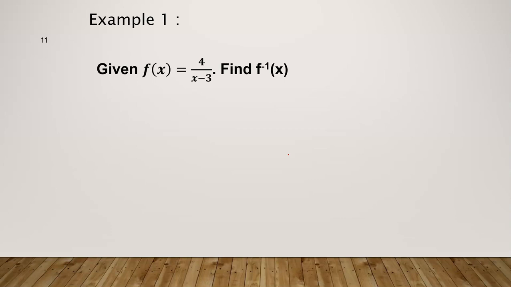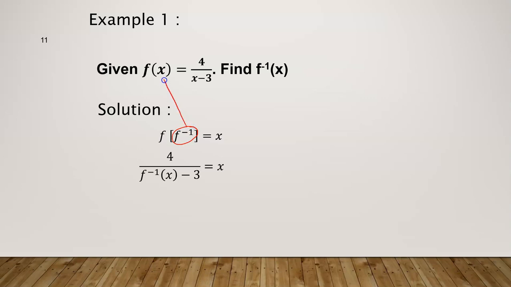All right. Okay, let's look at the example. Given f(x) equals 4 over x minus 1, find f inverse. For the first one, we are using the formula f f inverse x equals x, so 4 over f inverse x minus 1. Now in this case, your x becomes f negative 1 x.